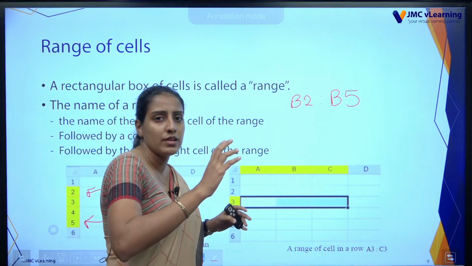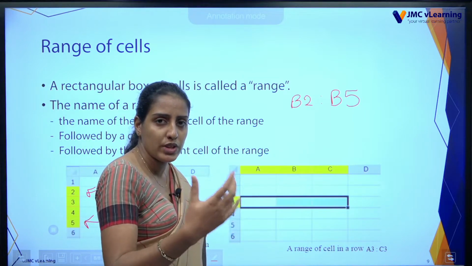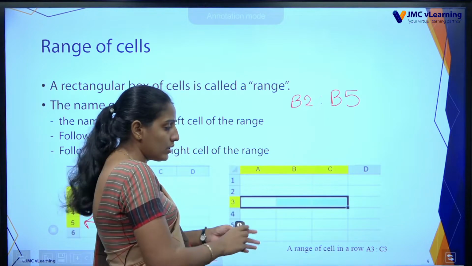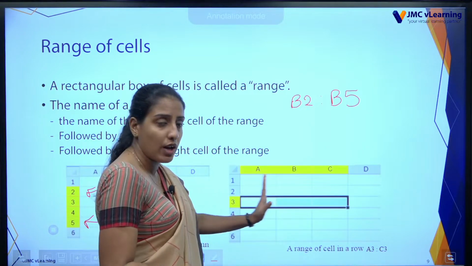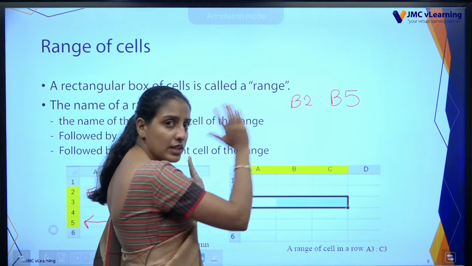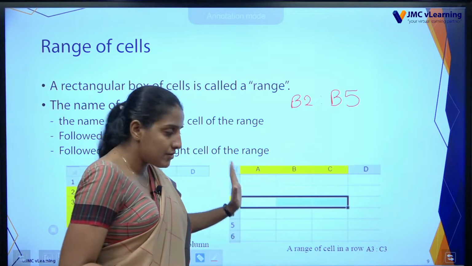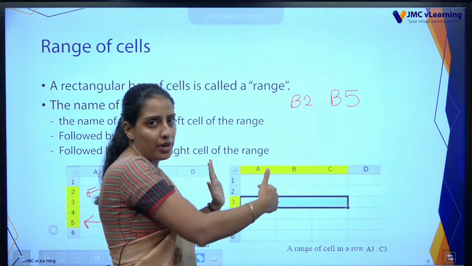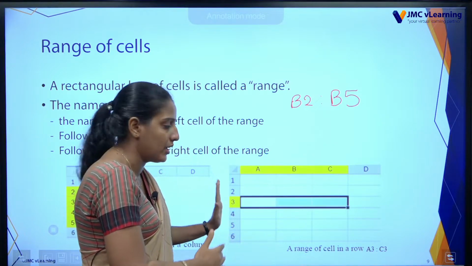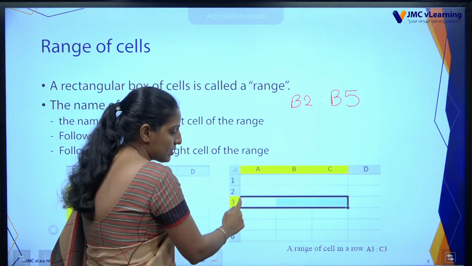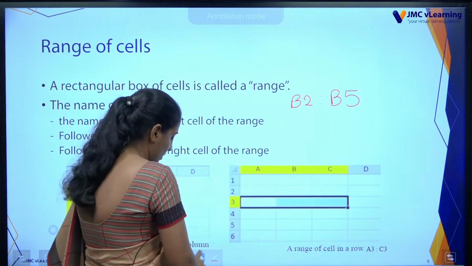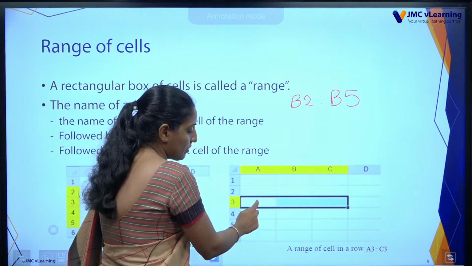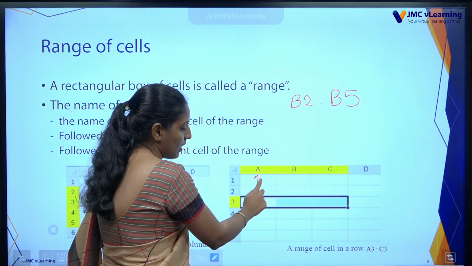Again first, what should we select? The top left one. Here there is a left side and a right side. Only the left side I can take because there is no top one. So this is the left side cell. So I will go to the first cell, that means this is A.